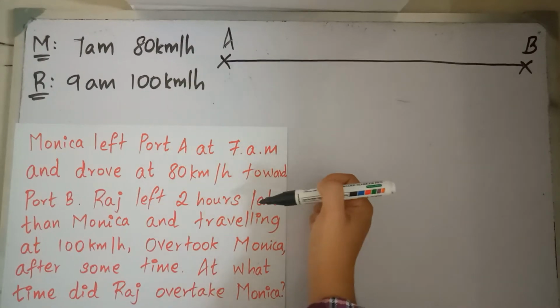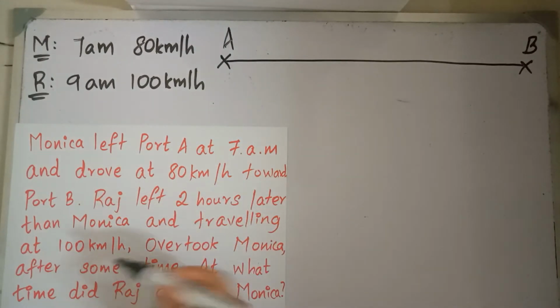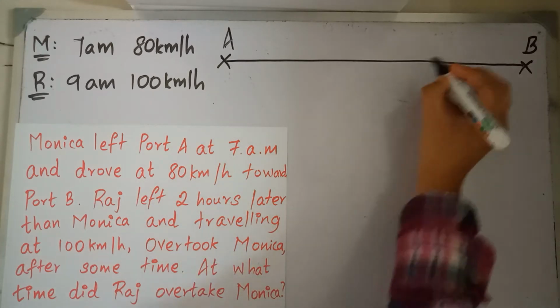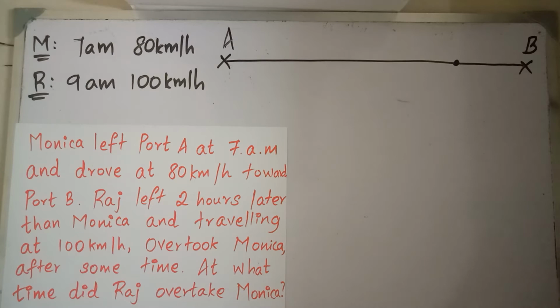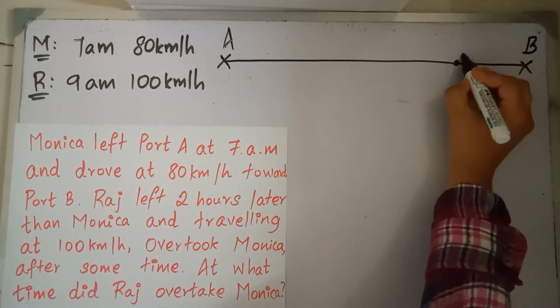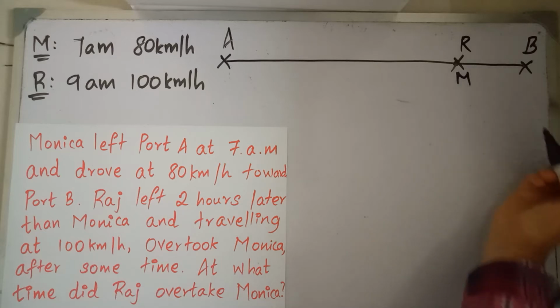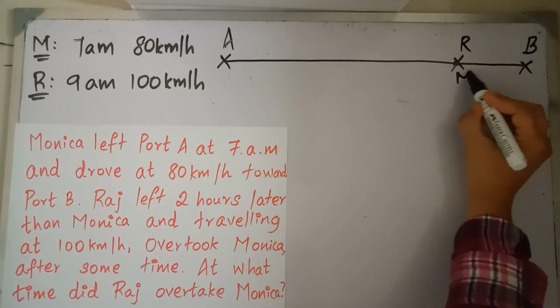Raj leaves 2 hours later and he drives at a different speed, 100 km per hour. But both of them will meet at a certain point. I'm saying that they meet because Raj will overtake Monica. For Raj to overtake Monica, he has to meet her. So at some point, Raj and Monica will be here. They want us to find this time.